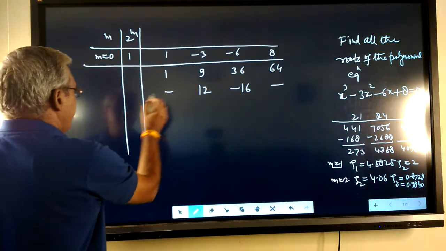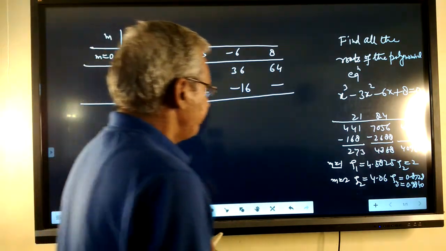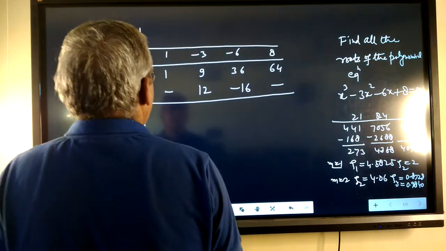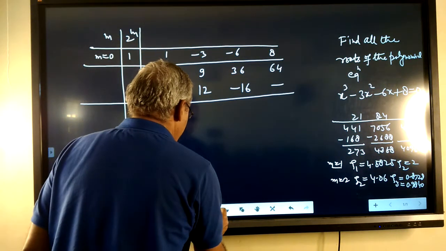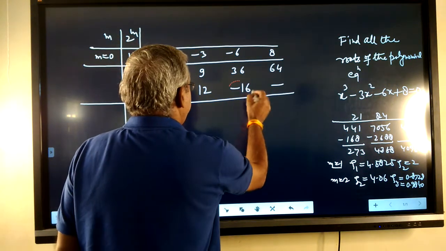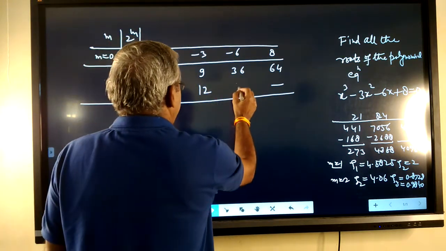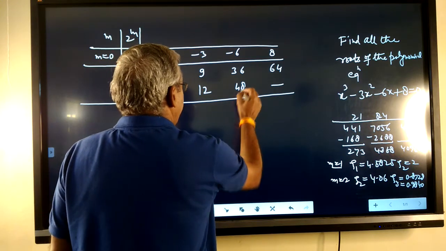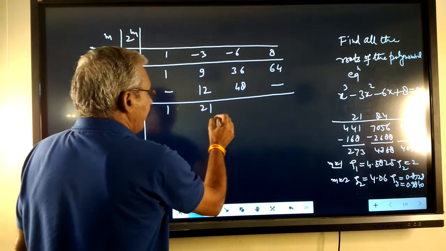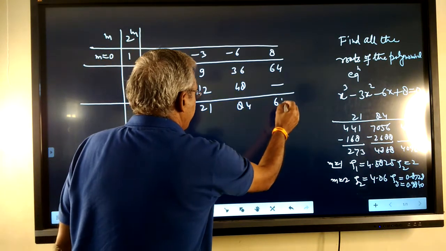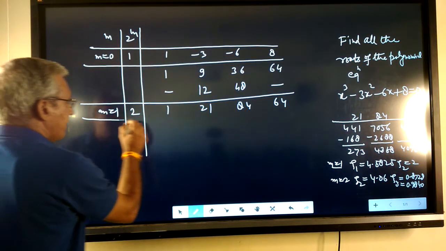This is the first approximation: this value will be 48. After this, we have 1, 21, 84, and 64. This is m equal to 1. So after one squaring, we get this result.